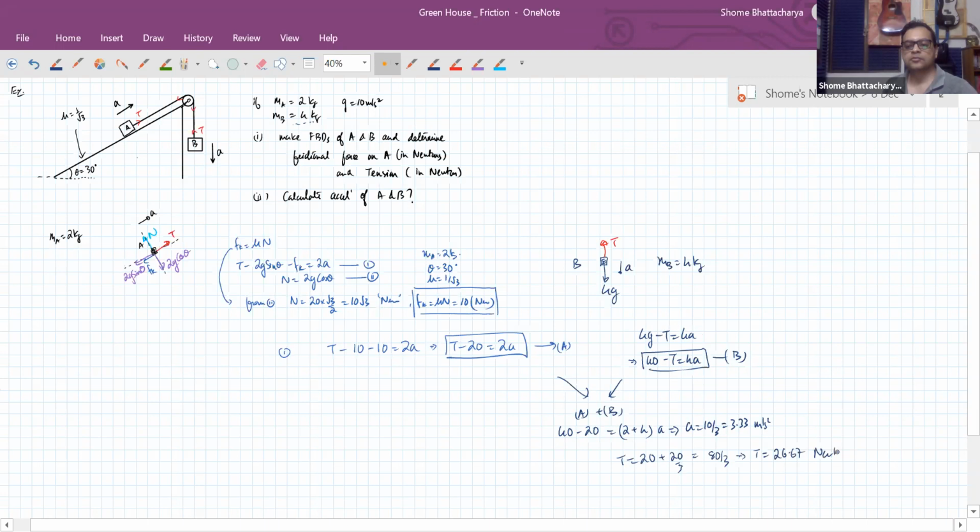So some of you seem to have got these values wrong, so just check it out. Friction, many of you got this correct, 10 newtons. So those are our final answers, and these are the free body diagrams.